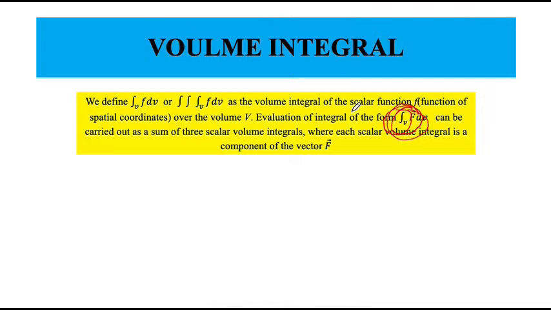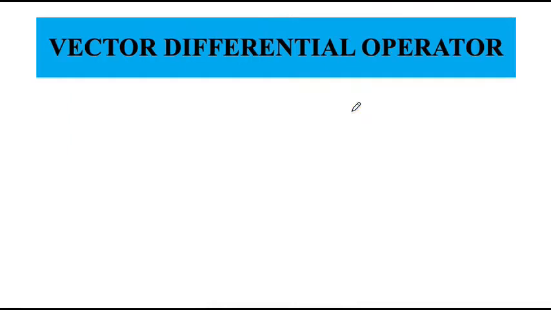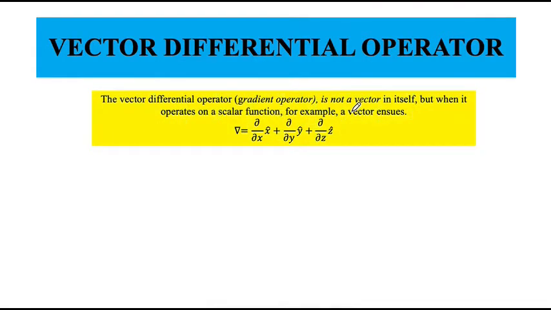The vector differential operator is the del operator, and in the Cartesian system it is defined as del equals partial differentiation with respect to x in the direction of unit vector x, plus partial differentiation with respect to y with unit vector y, plus partial differentiation with respect to z with unit vector z.